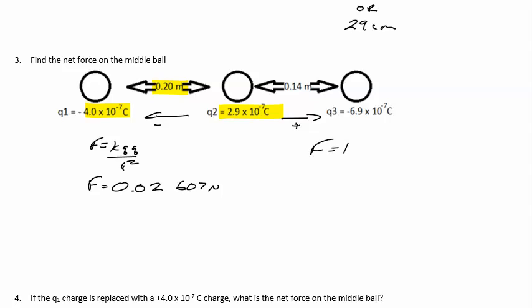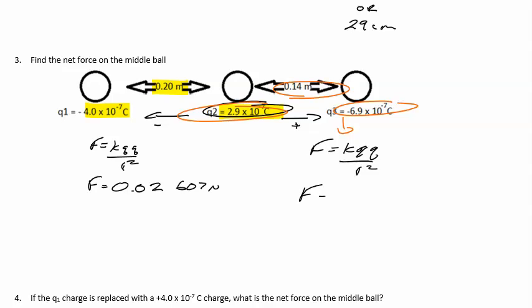We're going to do the exact same thing on the other side. Again, we've got k q1 q2 over r squared for this one. Notice we do have one of the charges being the same, that middle ball, and this force winds up being 0.09178 newtons.